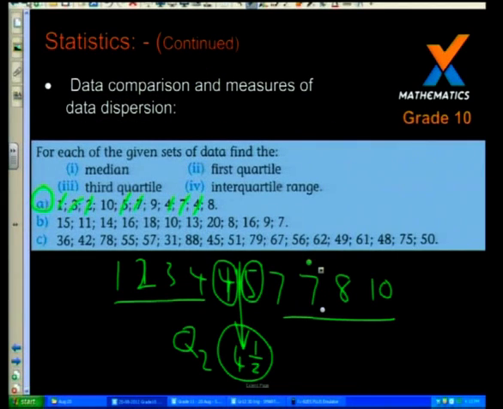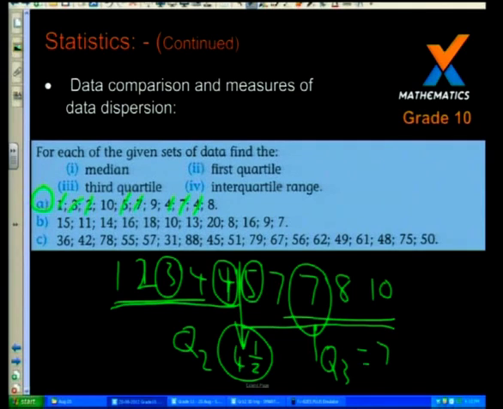So if we look at this data right from the middle, going in that direction, 7, which is this point here, is separating the data on the right into equal parts, 2 there, 2 there. And that becomes your Q3. Q3 is equal to 7. And on this side, yes, we look at it from the middle to the left, and 3 becomes a full position again. So that's what I mean, in that table. So that's a full position for Q1. Q1 is equal to 3.